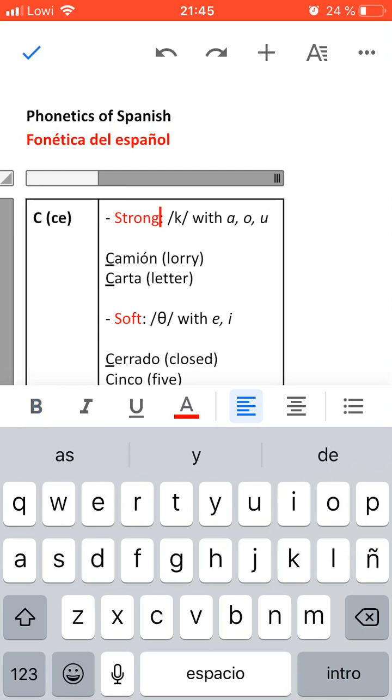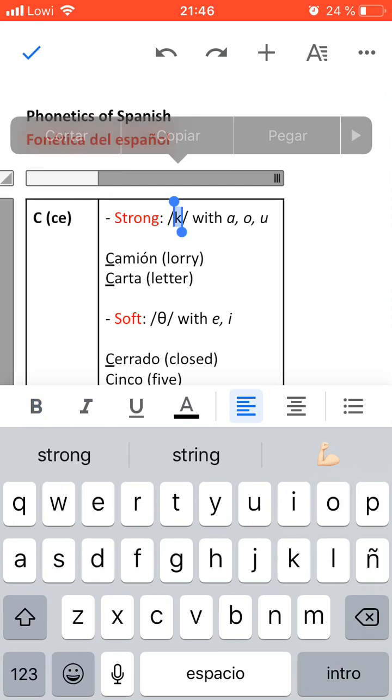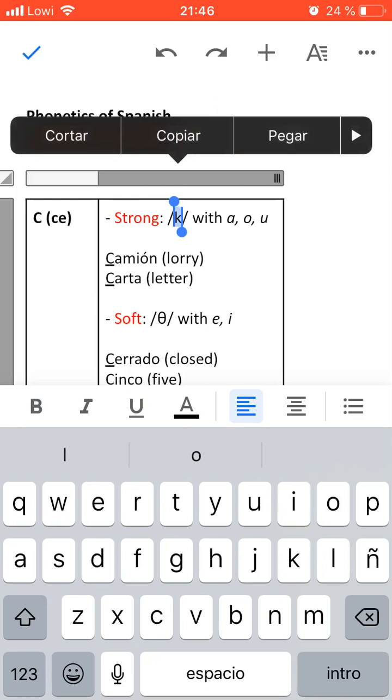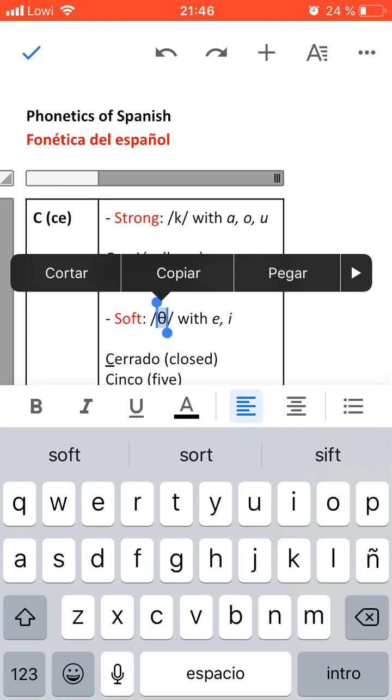In Spanish we have two kinds of sounds for the letter C. The first one is the strong sound, which is characterized by a K phoneme. And the second kind is a soft sound characterized by the phoneme Th.